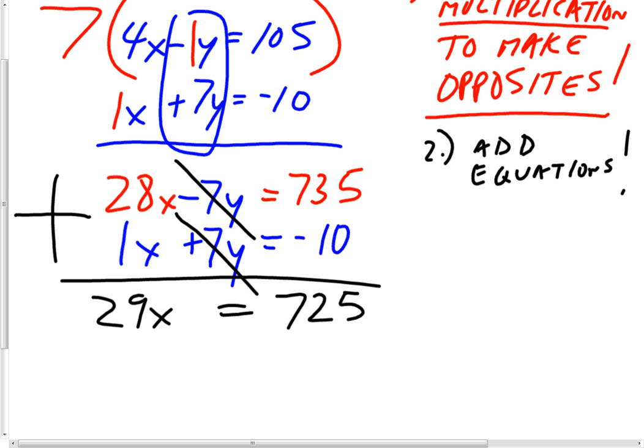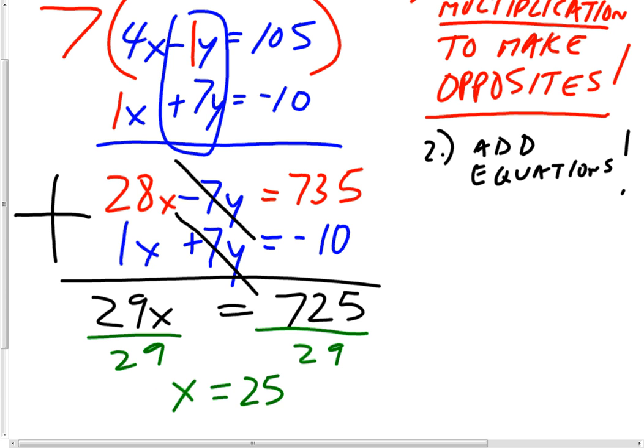How do I get rid of the 29? I'm getting 25. That's nice, but how many variables are we dealing with in this chapter? 2.